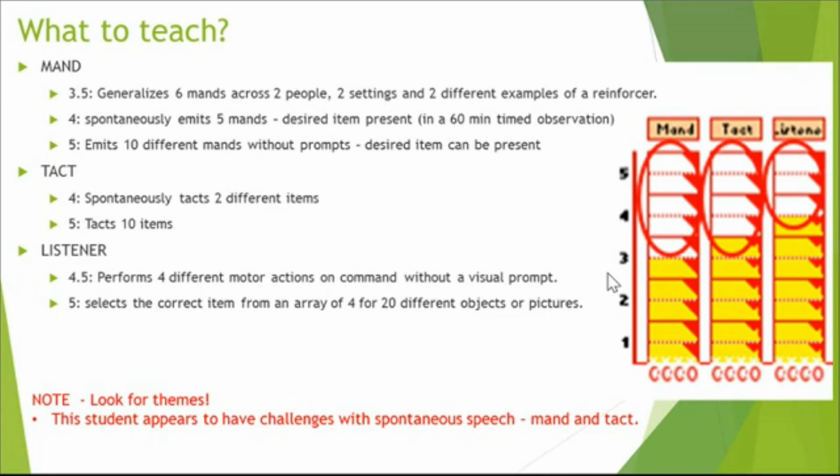In the tact, it looks like they struggle to spontaneously tact 2 different items, and they struggle to then spontaneously tact 10 items. So again, we need to look at increasing the number of items or pictures that they are able to label.